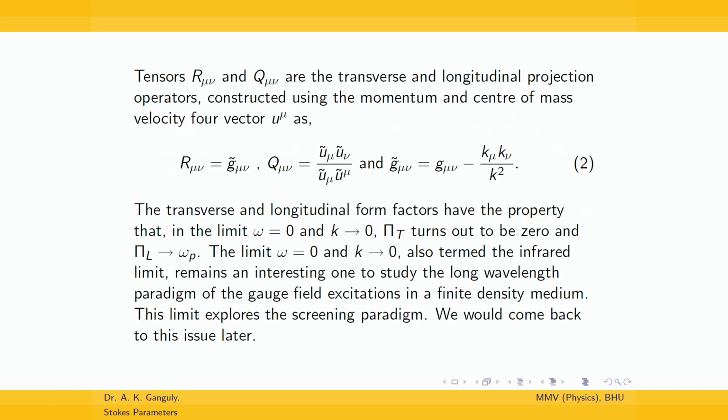So, we would like to note the following properties of the transverse and longitudinal form factors. In the static limit, when omega is equal to 0 and k, the momentum, tends to 0, pi transverse vanishes and pi longitudinal provides omega p. I think it is the square of that.